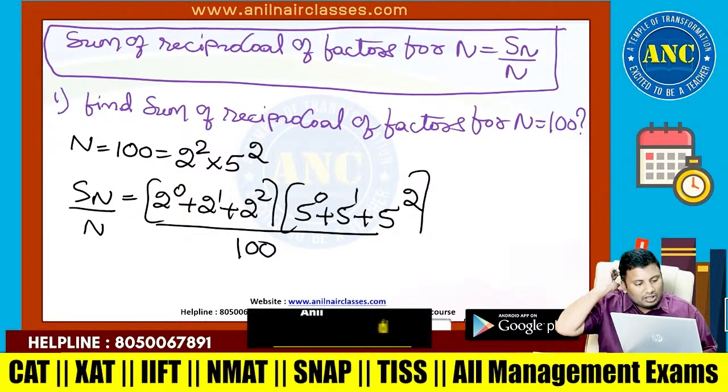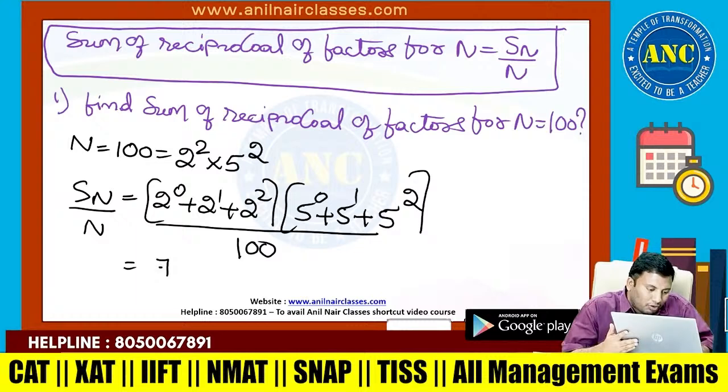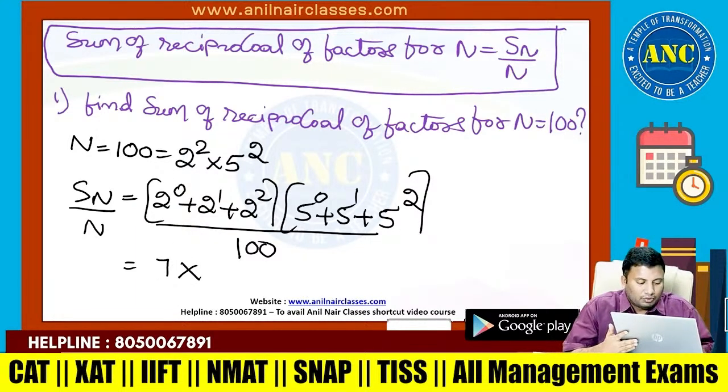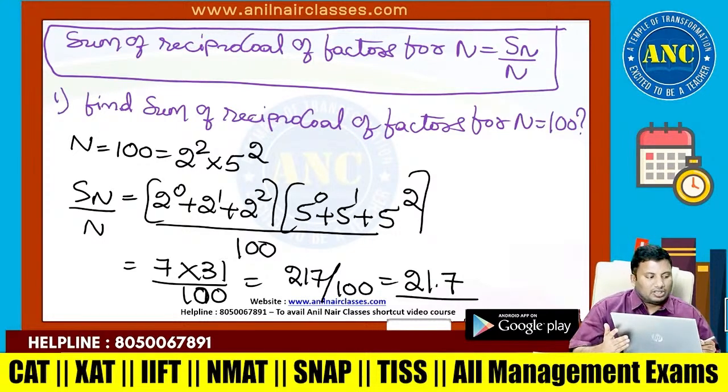Now it is 1 plus 2 plus 4 which is 7. 7 into 1 plus 5 plus 25, which is 31. 217 divided by 100. This is the answer. Answer is 2.17.